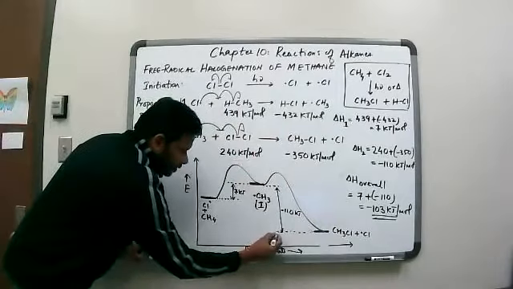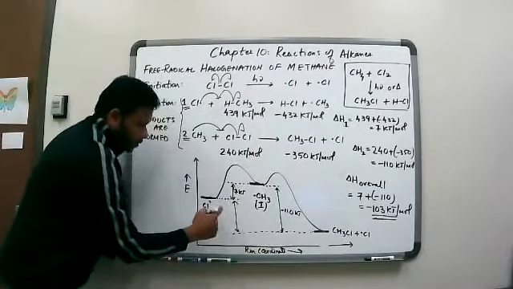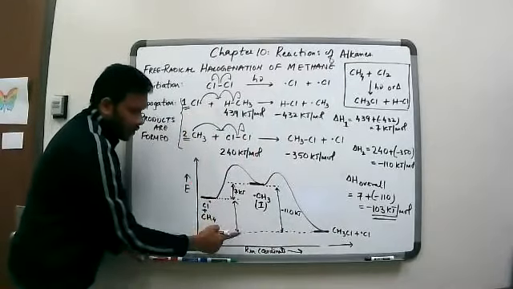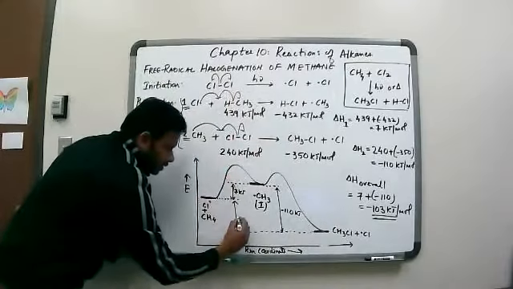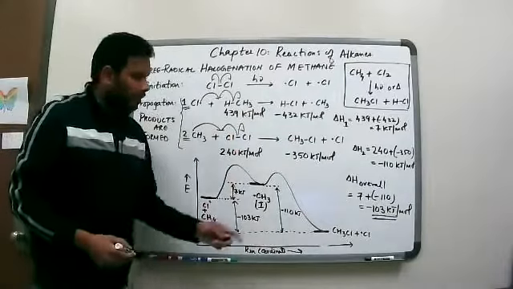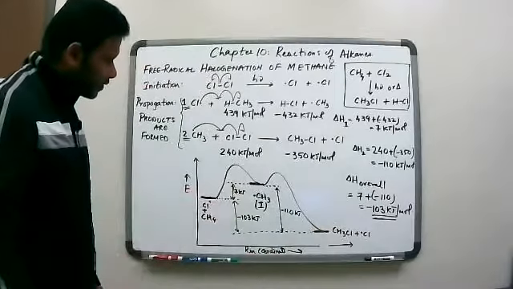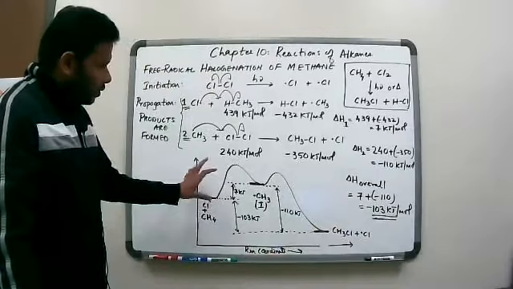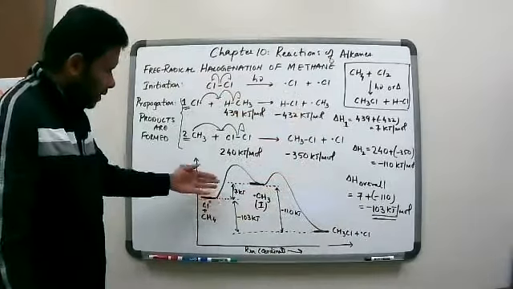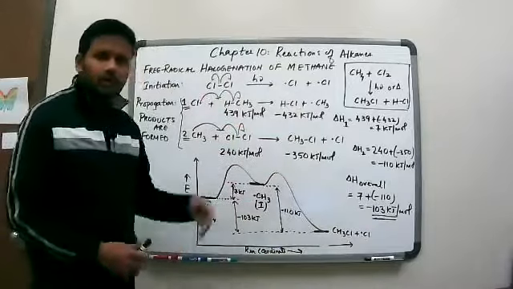And if we look at the difference between reactants, this is where the reactants are, and the final product from both propagation steps, this difference is negative 103 kilojoules. Okay, that's the negative 103 that we calculated. So this is a reaction profile diagram for chlorination of methane, where we've captured some of this thermodynamic information and we could actually construct a reaction profile diagram based on that thermodynamic information.